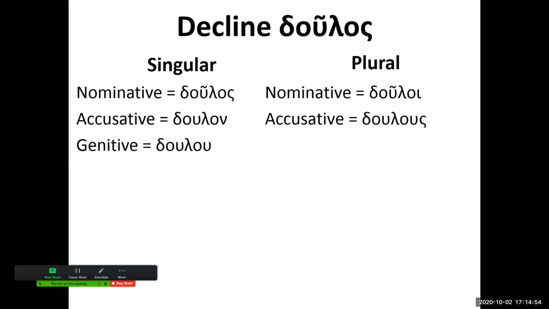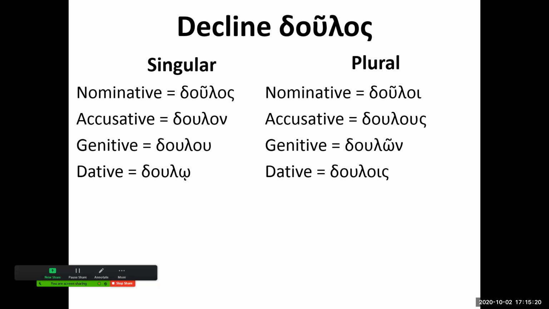Genitive of a slave, doulou. Of slaves, maybe the face of slaves, maybe the money of slaves, but of a slave, a slave's money, you use the genitive case. And then we have the dative case, doulō with the iota subscript, and doulois, with the ending ois.